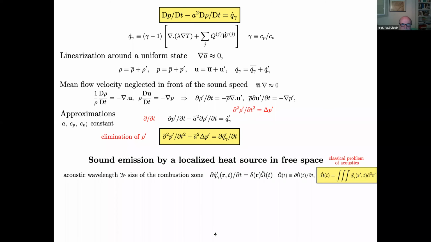Okay. And now let me just recall a classical problem of sound emission by a localized heat source in free space.